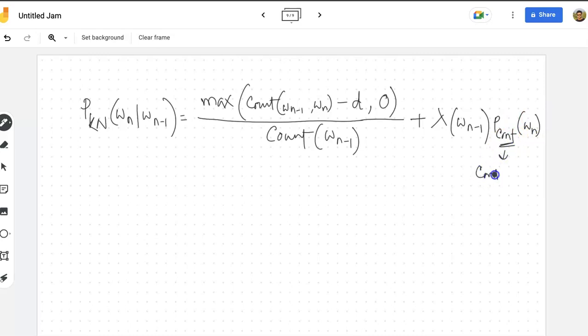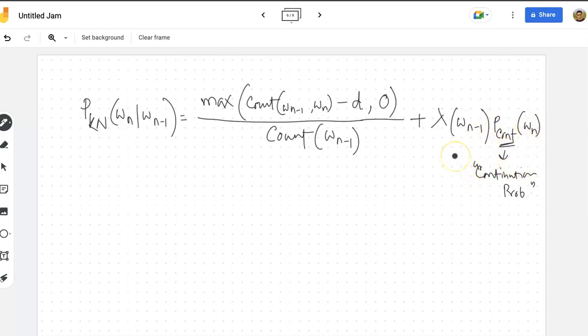So this is the continuation probability. Already, if you remember, we already discussed this. What is the continuation probability of a word? If you forget, just go back and check the formula.